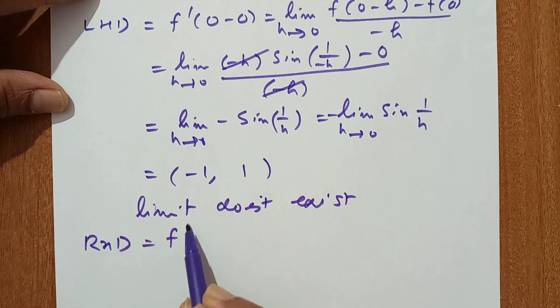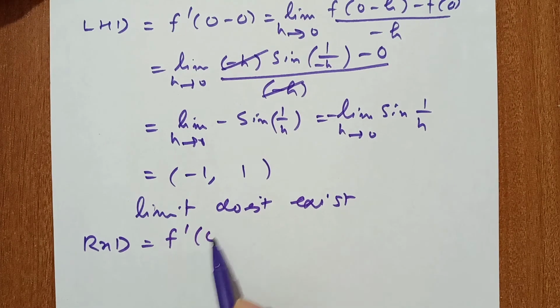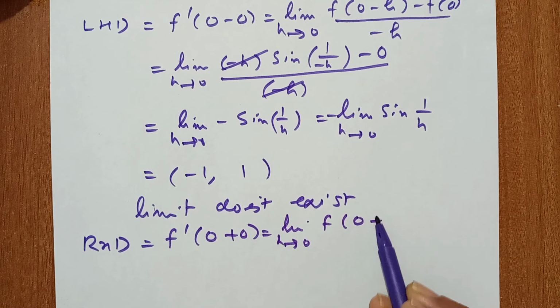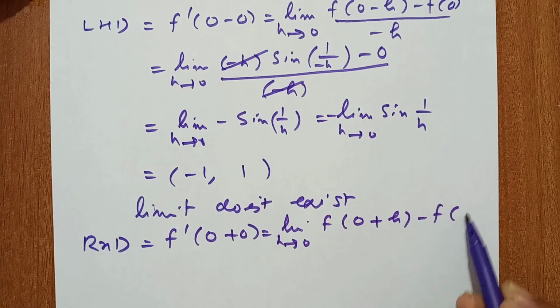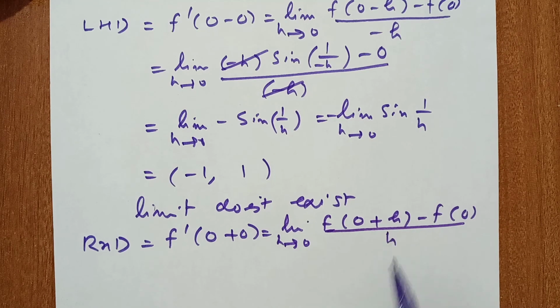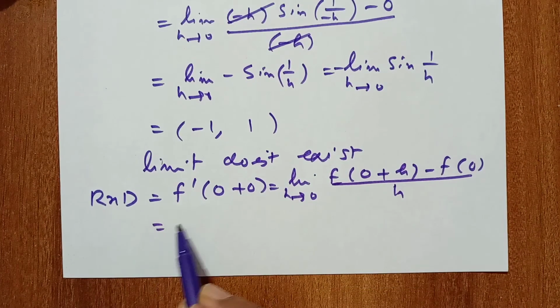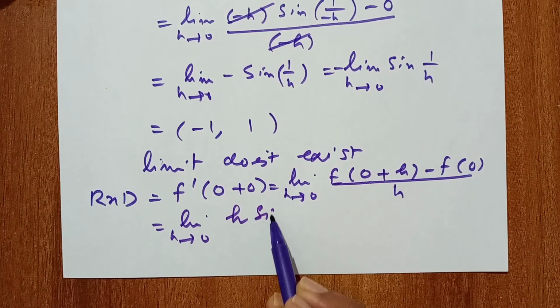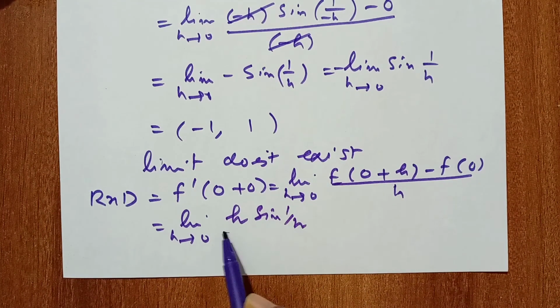Similarly, in case of the right hand derivative, this is f'(0 + 0) = limit h tends to 0 of [f(0 + h) − f(0)]/h. So this equals limit h tends to 0 of [h sin(1/h) − 0]/h. It is cancelled.